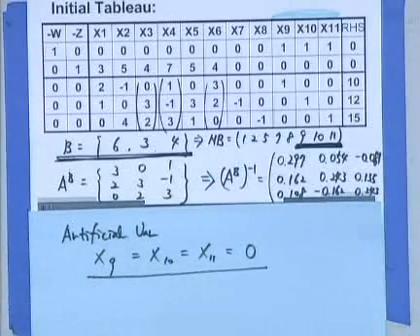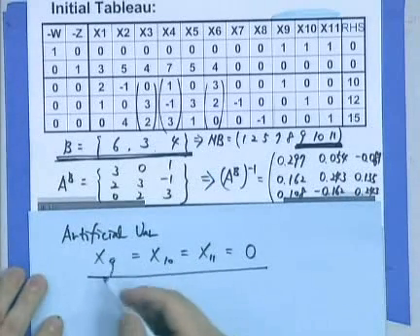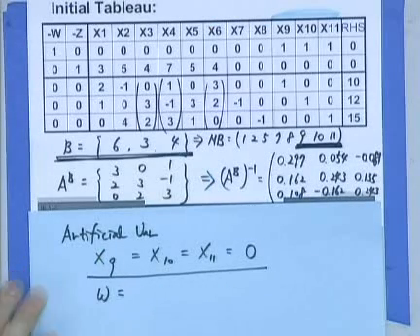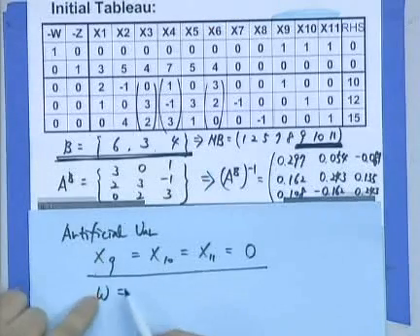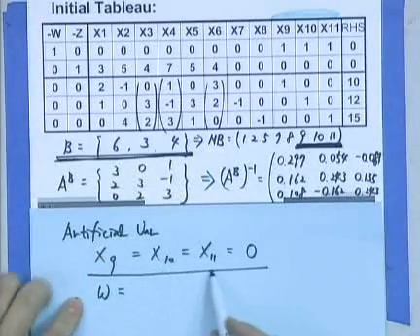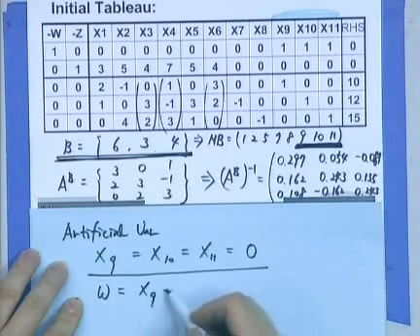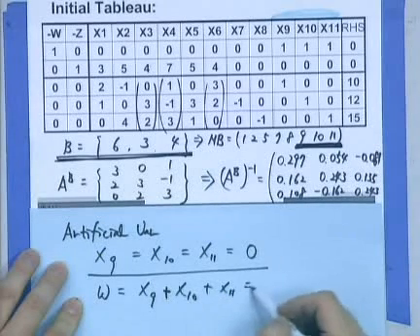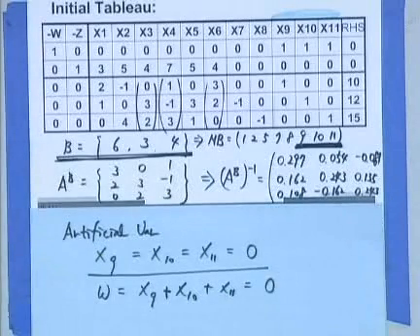What about the phase 1 objective function value, W? W is the summation of all these artificial variables, right? 9, 10, and 11 is also 0, right?